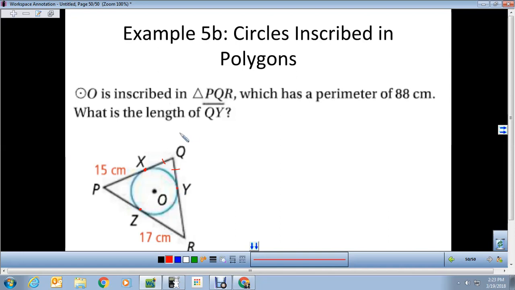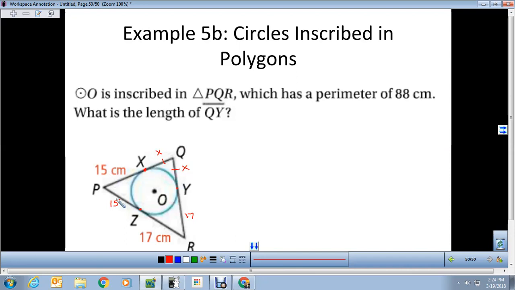So we're going to go back to filling in what we know. If PX is 15, then PZ is also 15. If ZR is 17, then RY is 17. And since these are both unknowns, I'm going to use the variable x to describe this distance.